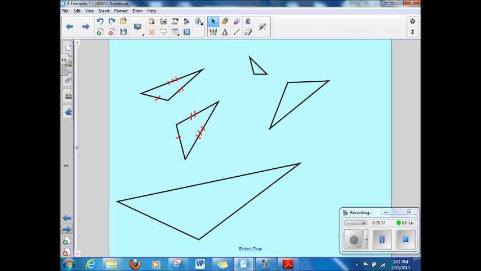And a triangle that has 3 different sides is called a scalene triangle. Scalene. So we've got 4 different types of triangles. We've got the right triangle, the isosceles triangle, the equilateral triangle, and the scalene triangle.